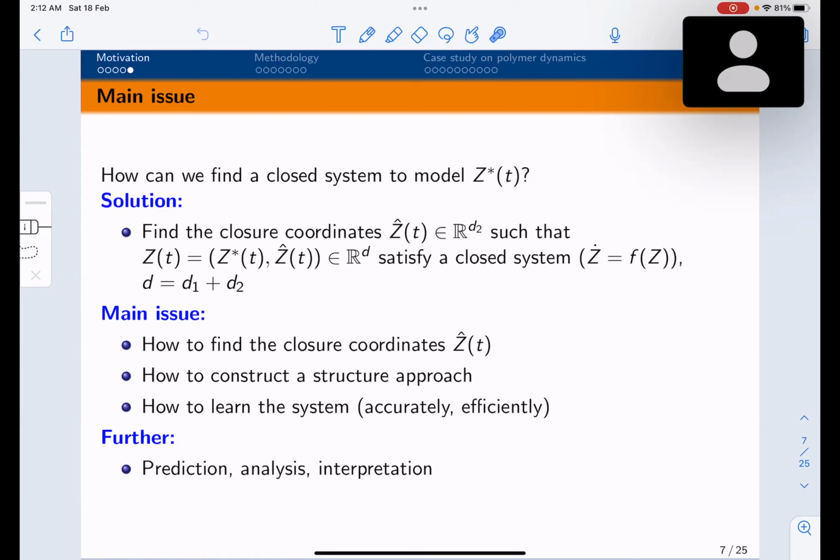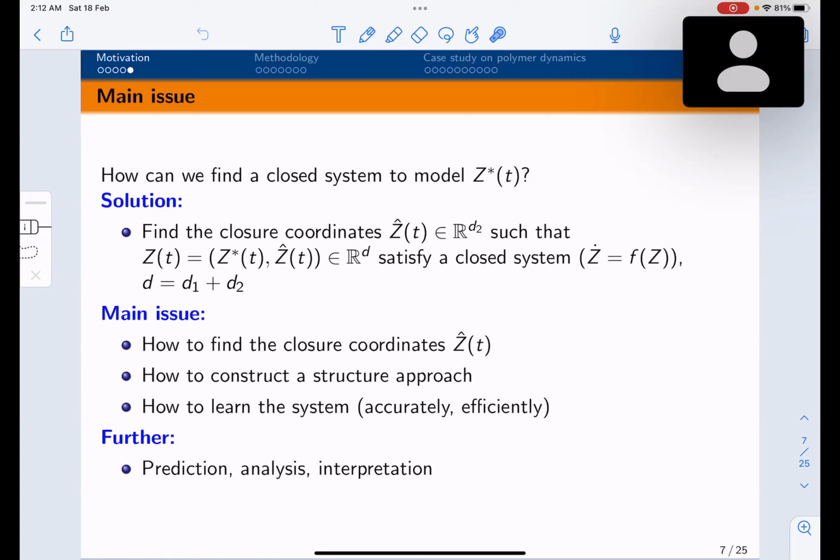And then the z can satisfy a dynamic system. The main issue is how to find the closure coordinates z hat, and also how to construct the structural approach, because we want to do long-term prediction or analysis of other information of the polymer dynamics. And the third one, how to learn the systems.